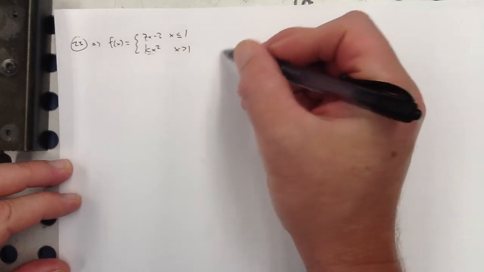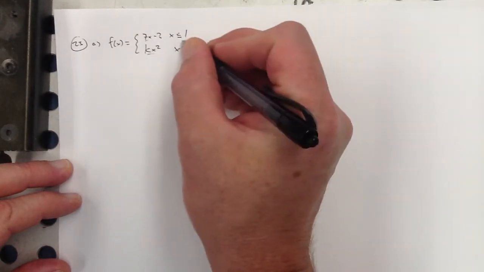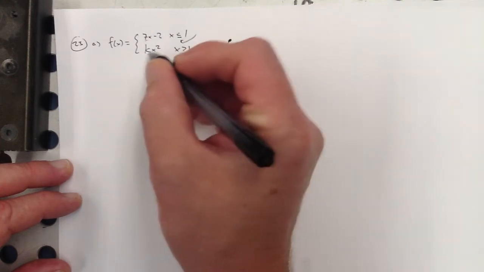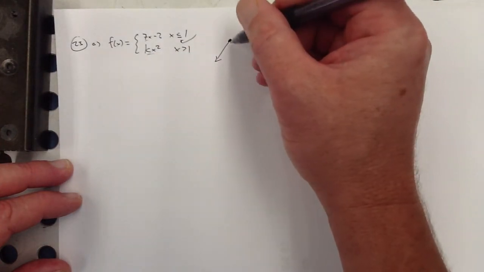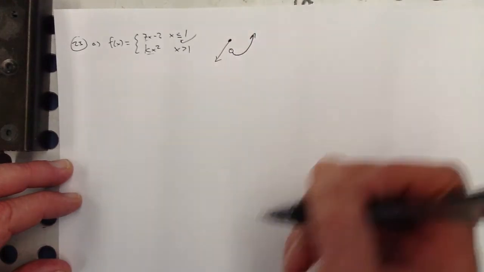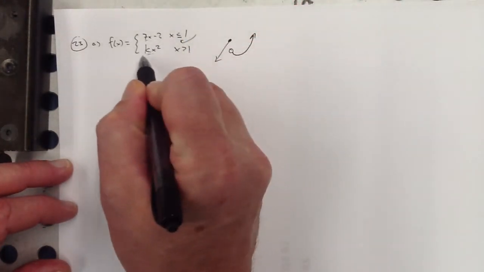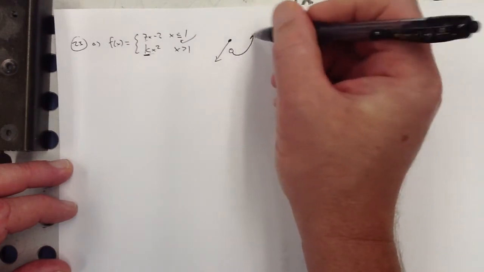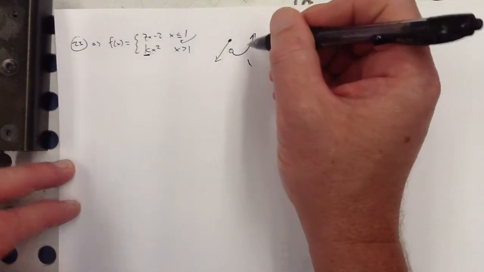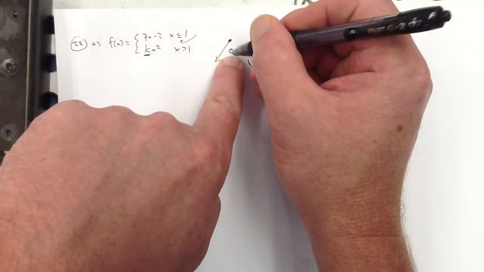So this is some kind of line here. Because it has the equal sign on this piece, that's where the closed circle is going to be. This is some kind of parabola, so that's going to have the open circle. And depending on this value of k, I can tweak this piece to move this around, and try to get those two to match up.